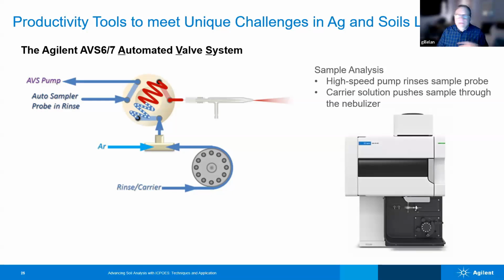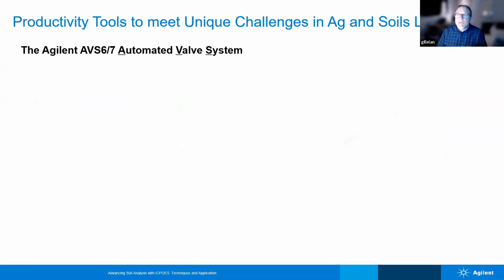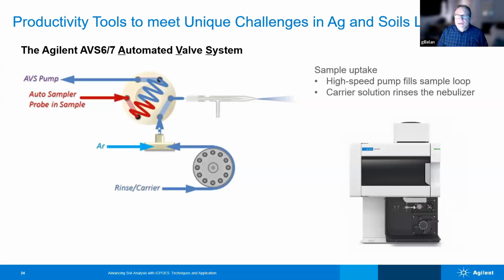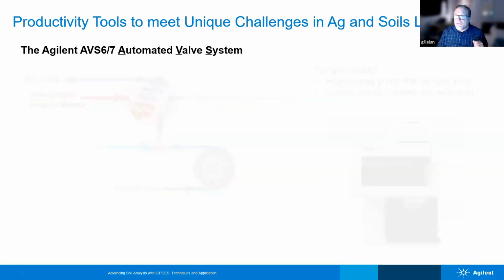So it's going all the time. So when the probe is in the next sample and it's picking up sample, the nebulizer is being rinsed out. So it's constantly rinsing and doing at least two things at one time. So I think it's fantastic, and it gets you some pretty amazing sample to sample speeds, which I'll show you some later.